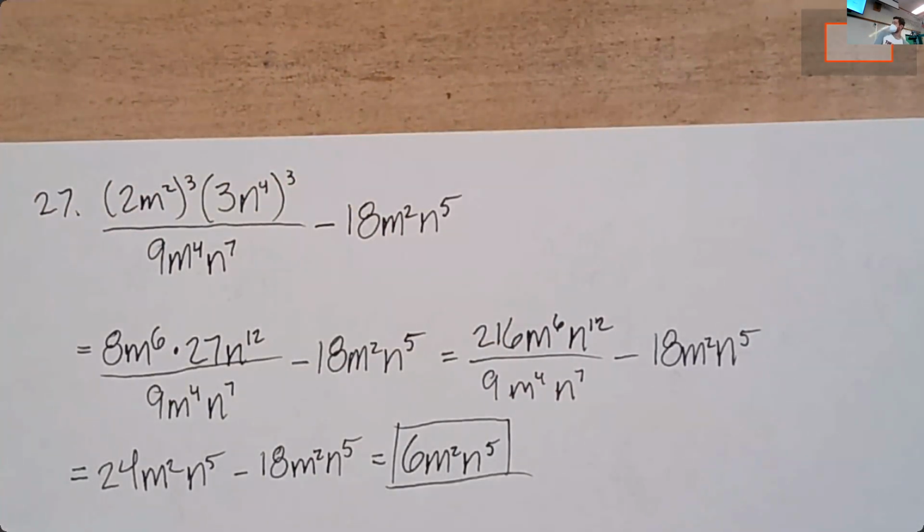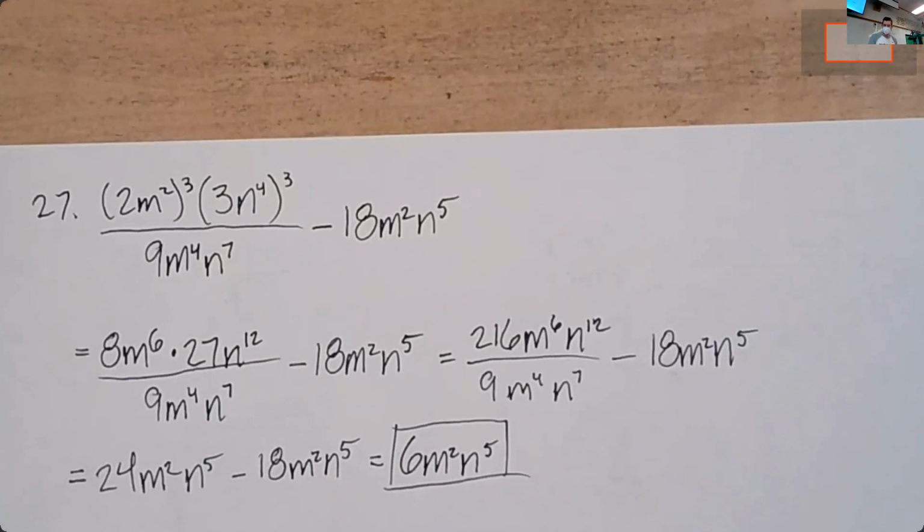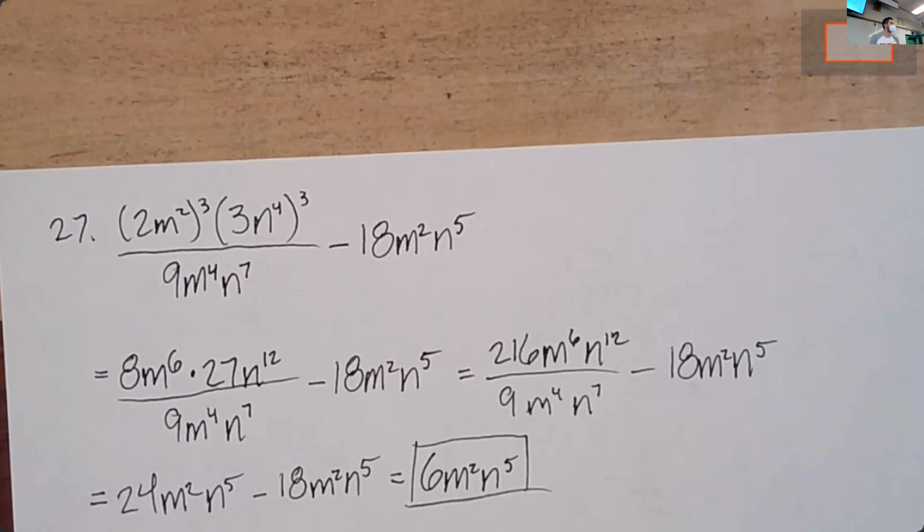For number 27. This is our second to last problem. We've got one more. And this last one is not going to use the product rule, actually. It's only going to use the power rule, the quotient rule, and then combining like terms. So, any questions on 27?